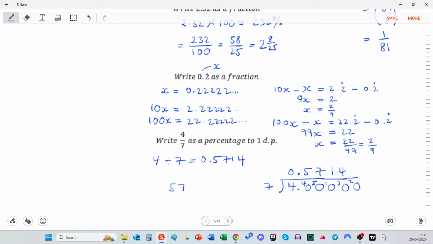So this is 57.14%. But we wanted it to one decimal place. So 57.1. The 4 needs to be 5 in order to go up. And that is the end of that question.